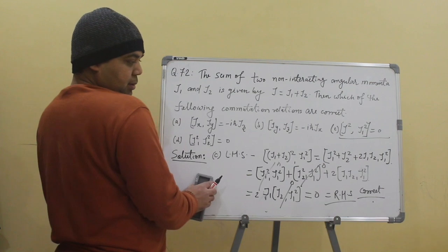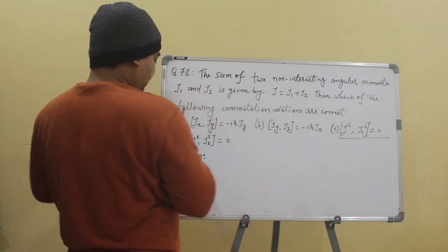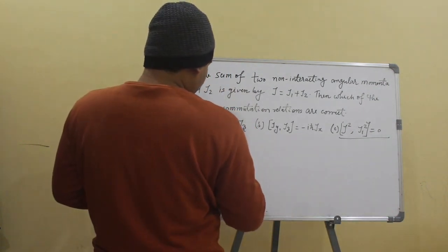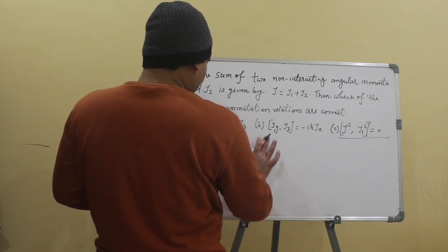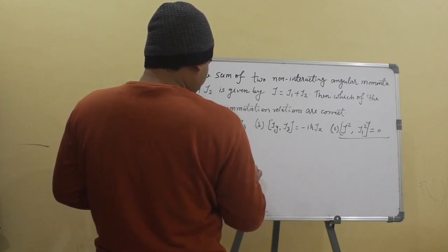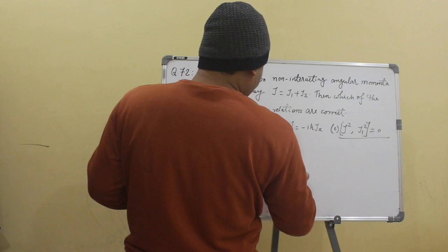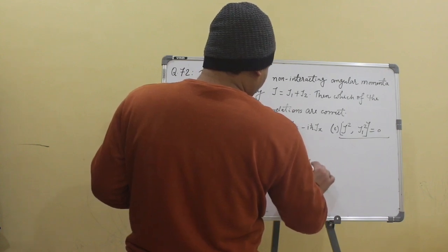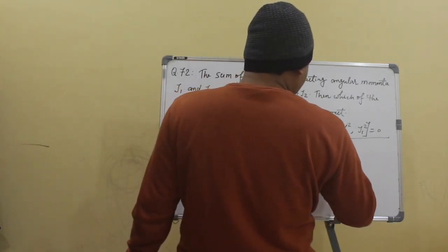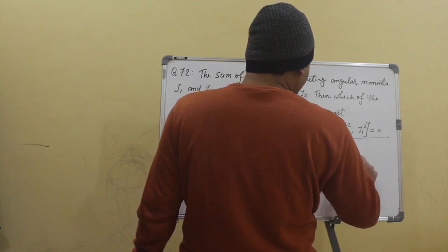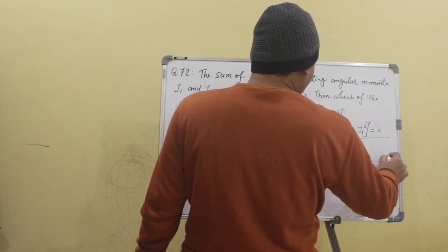In a similar fashion we can prove this one also. Let us write it. Take D as [J², J2²], with J² as (J1 + J2) whole square. Just expand it: J1² plus J2² plus 2 J1 J2, with J2².